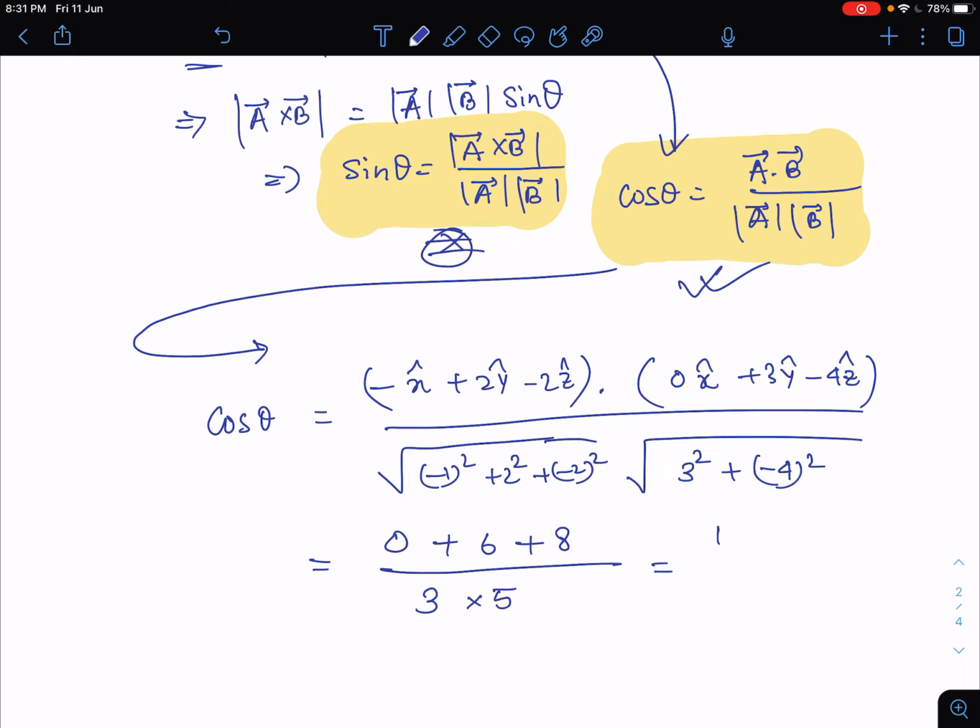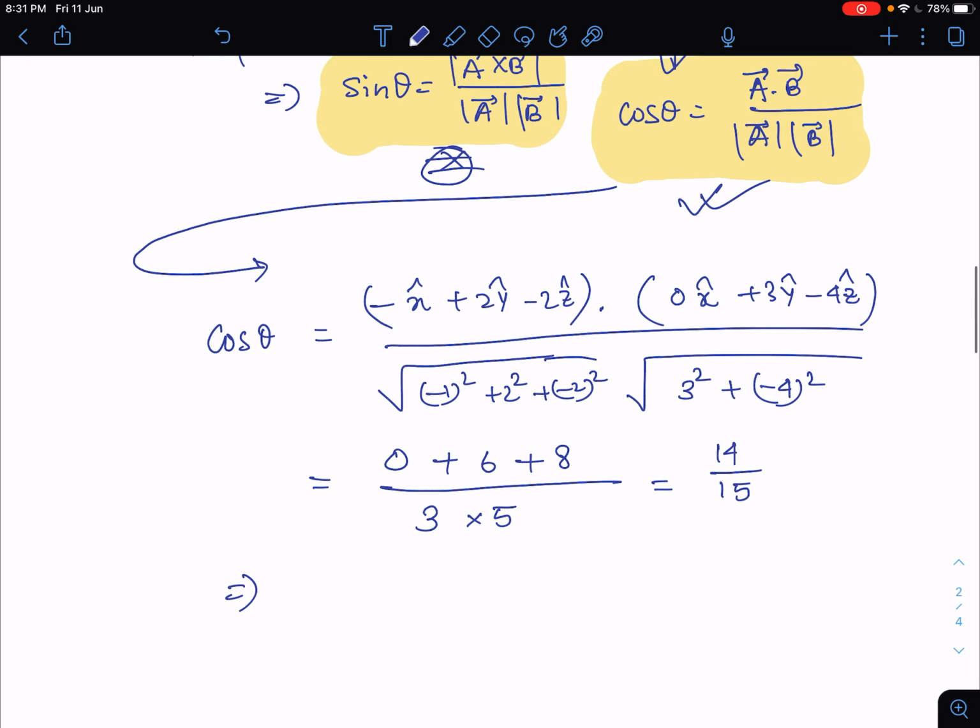That is 14 by 15. So theta is nothing but cos inverse of 14 by 15.